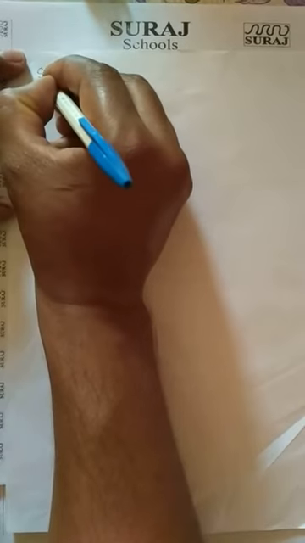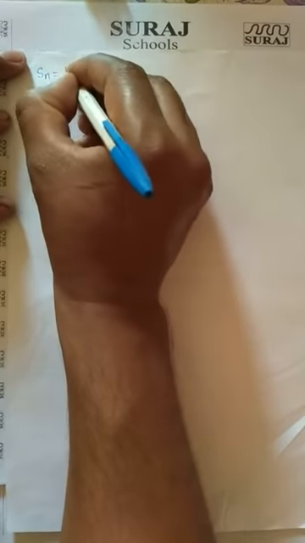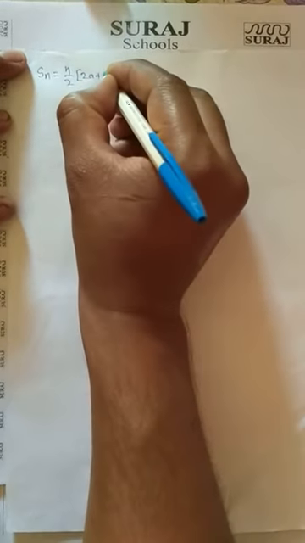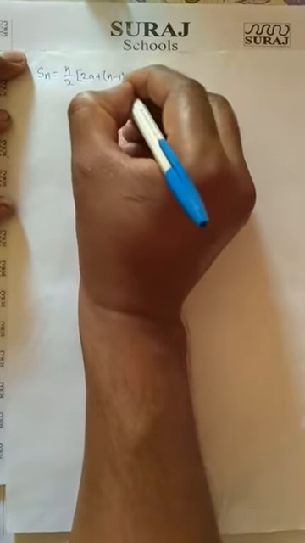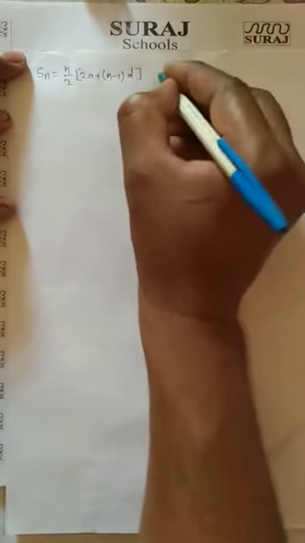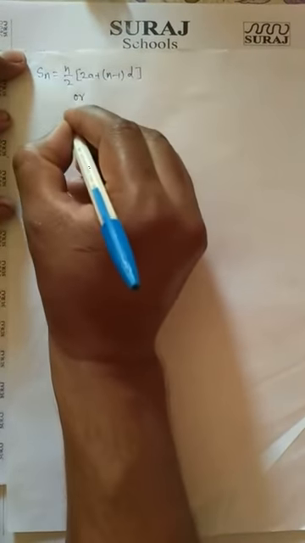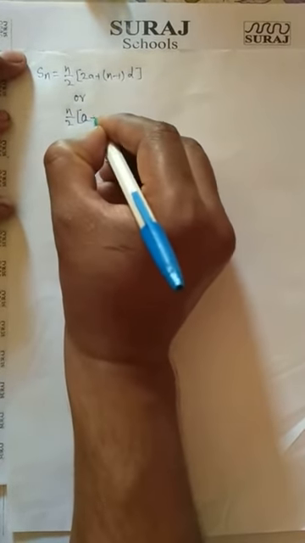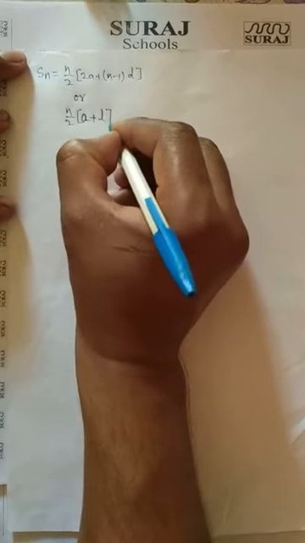Then we apply, beta, the sum of nth term formula. Sn is equal to n/2 into 2a plus n minus 1 into d, or n/2 into a plus l. l means a plus l, beta.